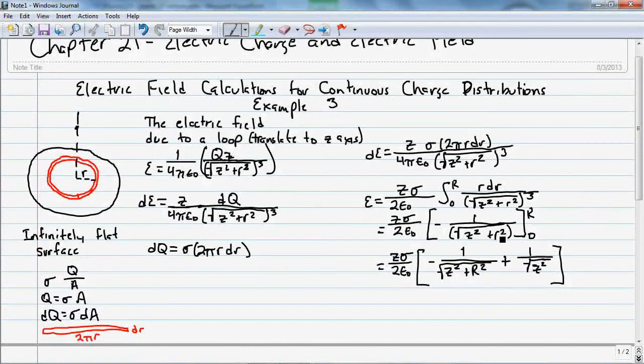Because I put the 0 in for this r, z squared is all that's left, and I can put that there.